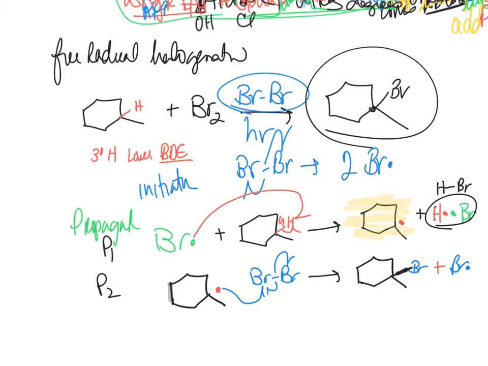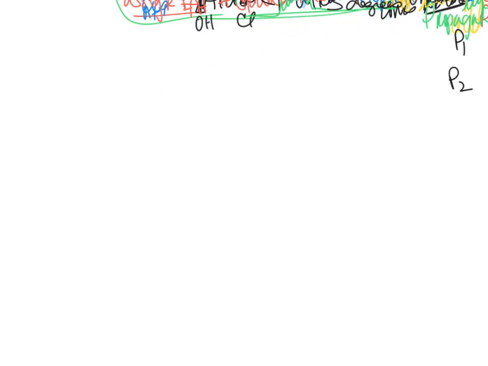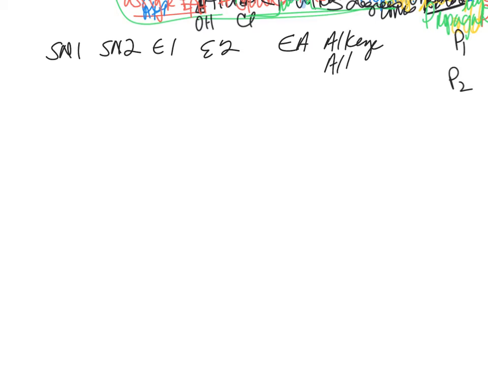The other reactions you had in organic 1 are SN1, SN2, E1, E2. We'll do electrophilic addition of alkenes and alkynes, and that will wrap up our reactions. So let's look at these.